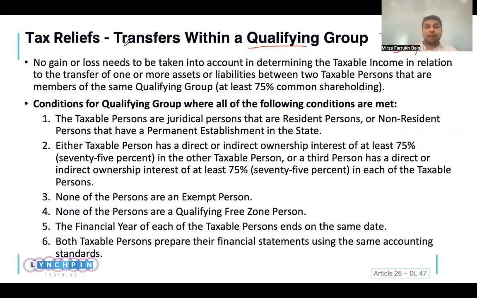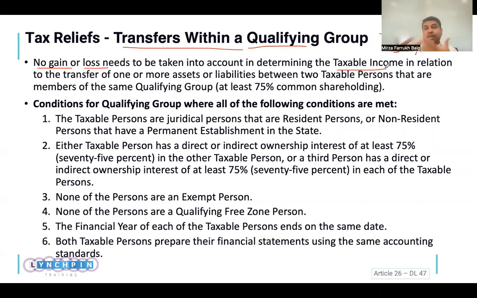So if I'm having any transaction between the qualifying group and I'm transferring any asset or liability, in that case, I would not be recording any gain or loss in calculating my taxable income.